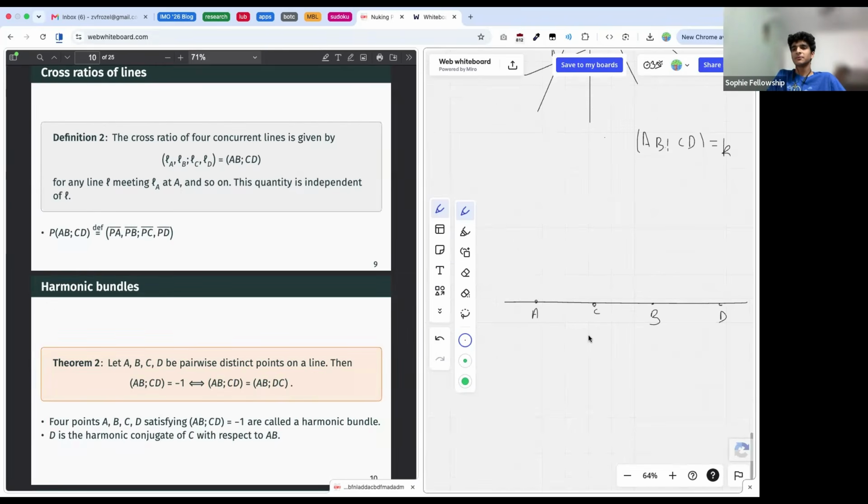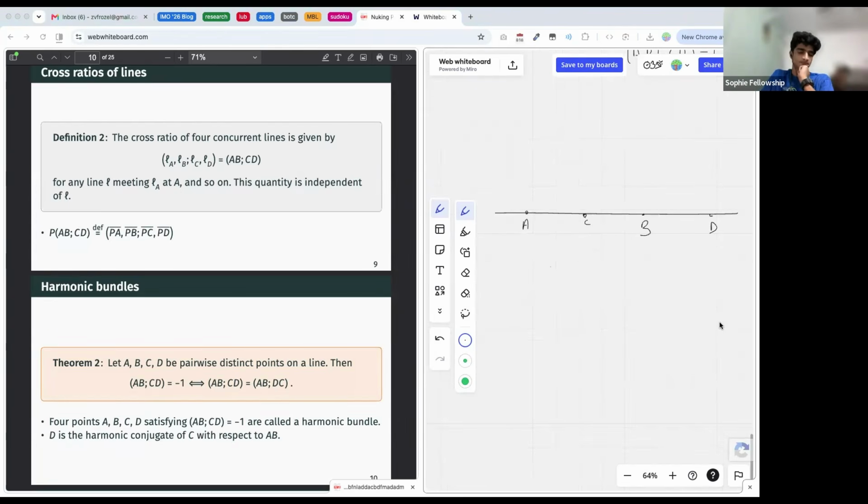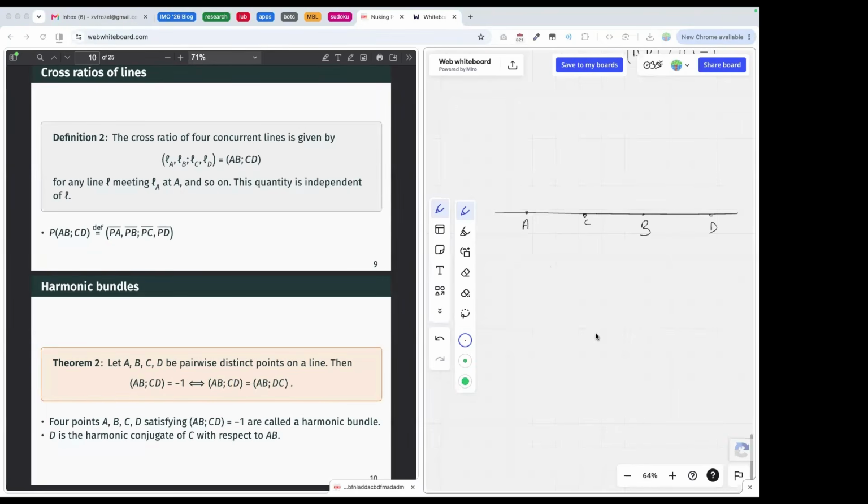So we want to prove that (A,B;C,D) is -1 if and only if (A,B;C,D) is equal to (A,B;D,C), where these 4 points are distinct and lie on some line. How would we prove this? If we take the ratios, for the first one we get AC by BC divided by AD by BD.